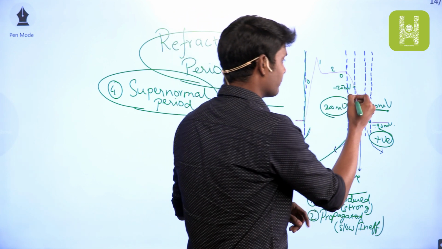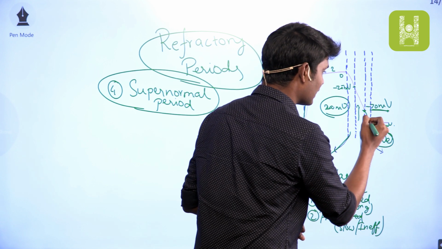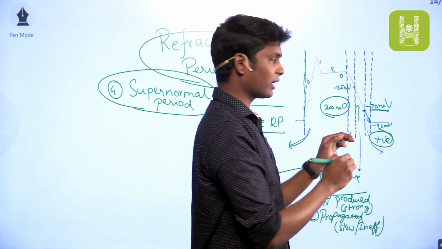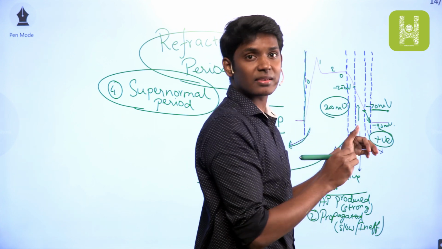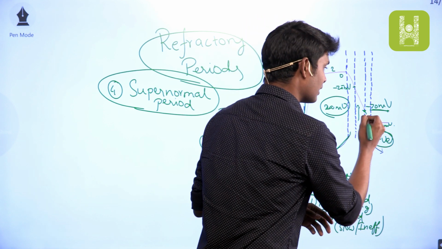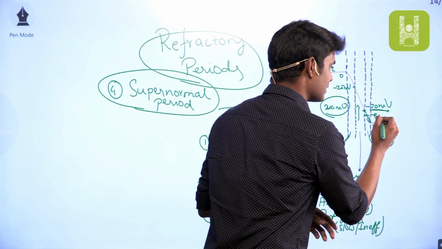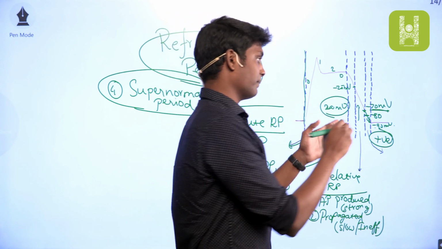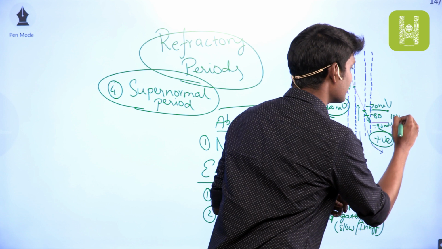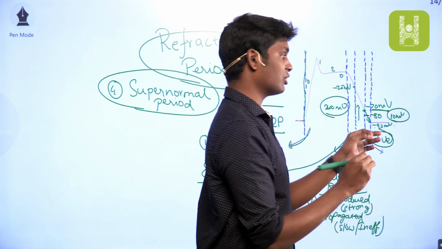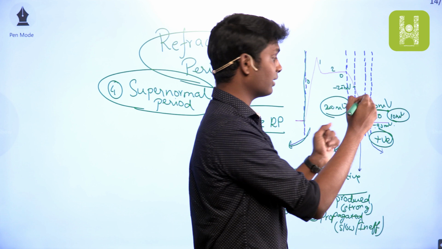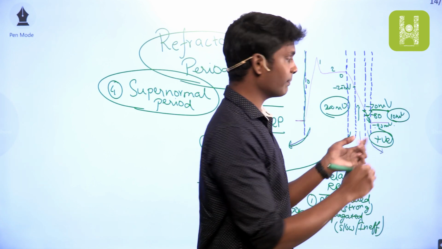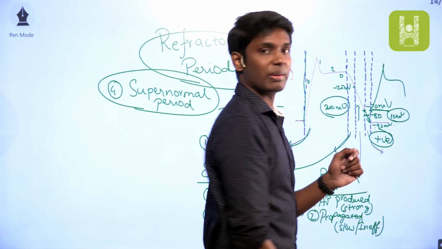But when the cell is actually in this particular phase, the potential of the cell is actually not minus 90 millivolt. It will be somewhere between minus 90 to minus 70, so for example, if it is at minus 80 millivolt, a 10 millivolt increase alone, any impulse which produces just a 10 millivolt increase, can again push the cell back to minus 70 millivolt, which is the threshold potential, and there will be a new action potential produced.